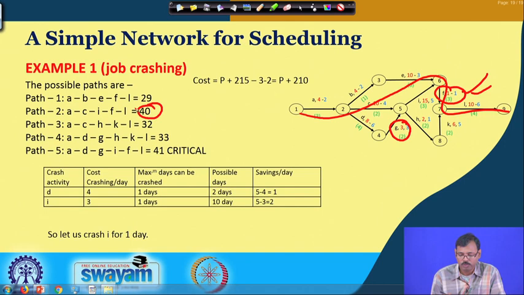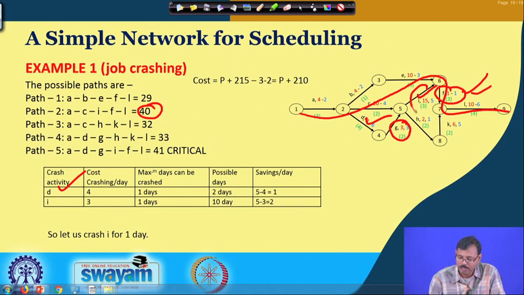So, if we look into this, to make both paths equal, our options are like this: either we can crush D for 1 day, which is not associated with this, or we can crush I for 1 day.